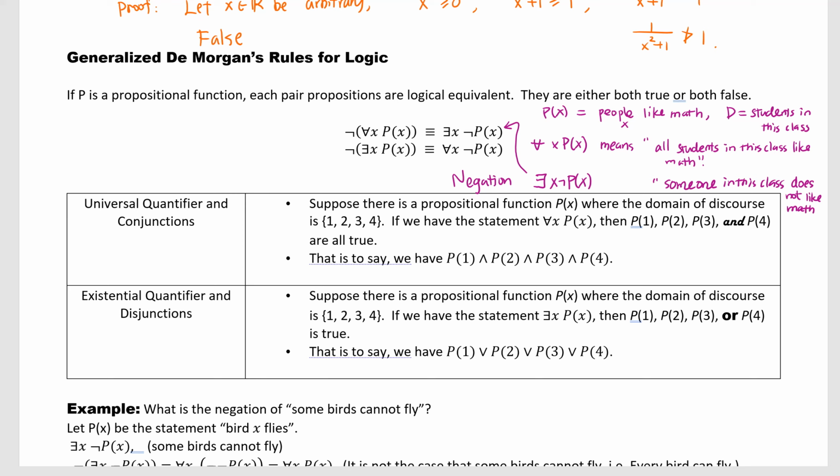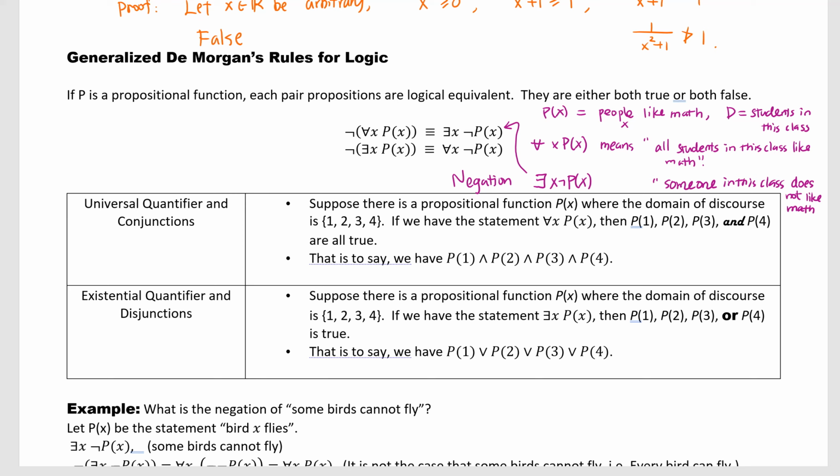Okay, next, let's look at the universal quantifier and conjunctions. Suppose there is a propositional function P of x where the domain of discourse is 1, 2, 3, 4. If we have the statement for all x, P of x, then P of 1, P of 2, P of 3, and P of 4 are all true.